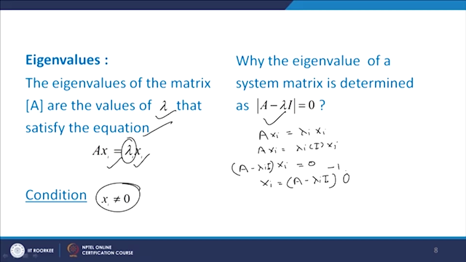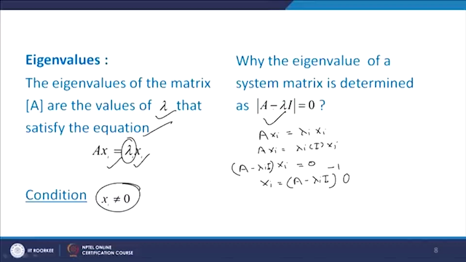Now here we have got 0 and this is the inverse, so xi becomes zero, but the condition of an eigenvector is that xi should never be 0. In the earlier definition we have seen that the eigenvector should never be 0, it should always have some value. But the literature says that to calculate the eigenvalues we have to make A minus lambda I equal to 0, while here we have got this equation.